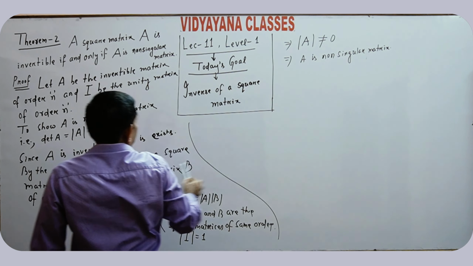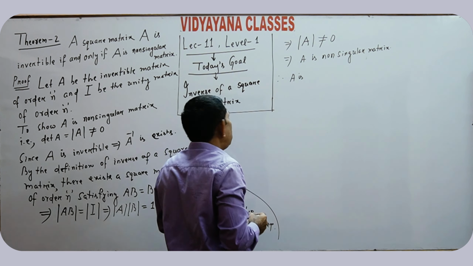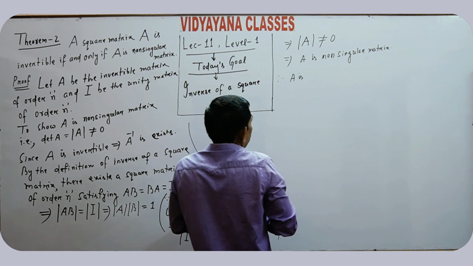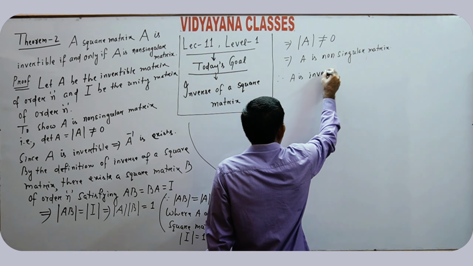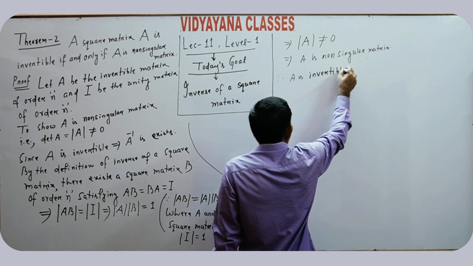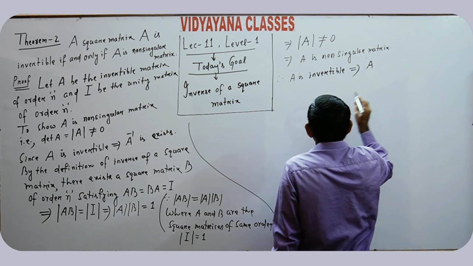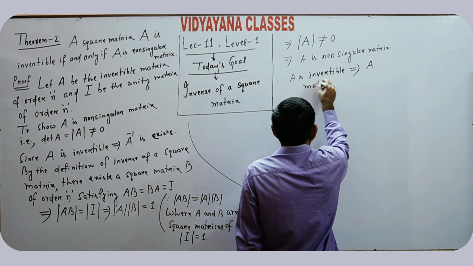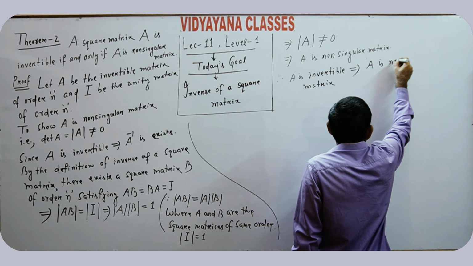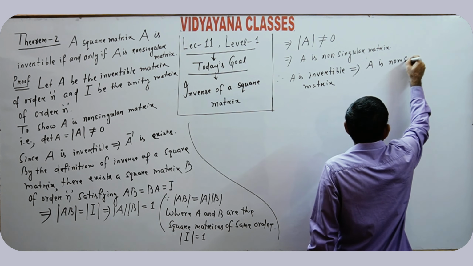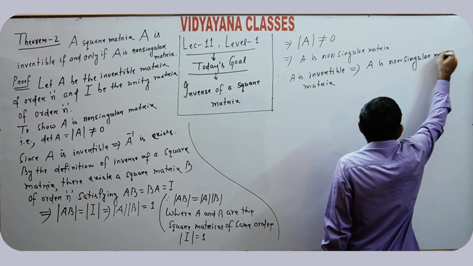A is invertible, therefore A is invertible implies A is invertible matrix implies A is non-singular matrix.